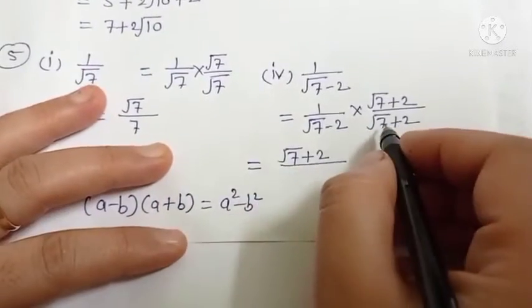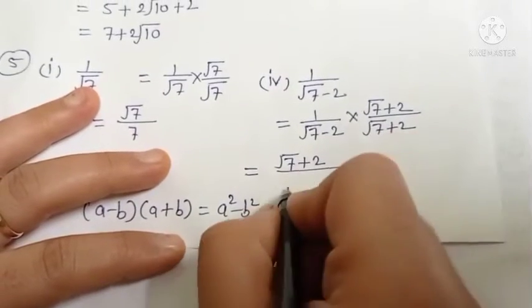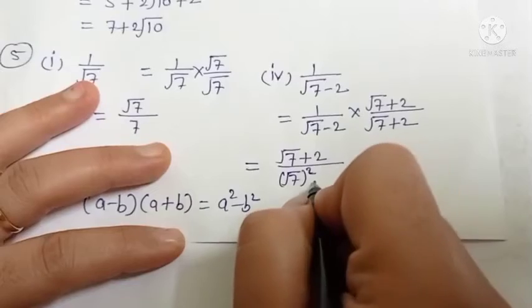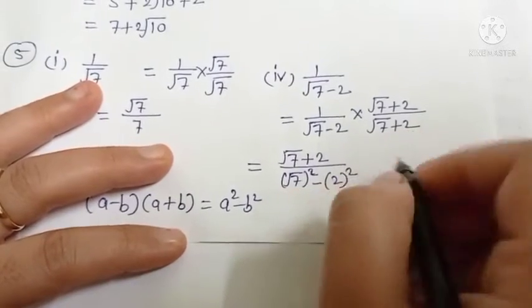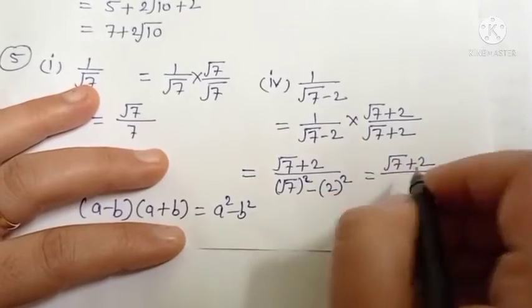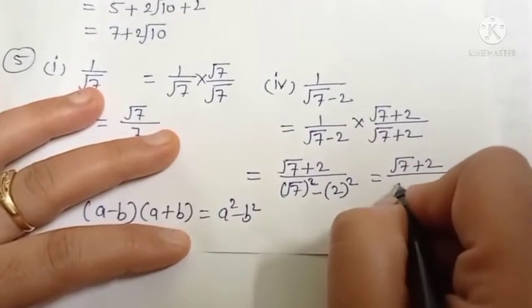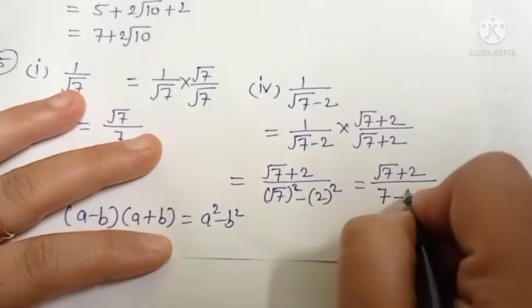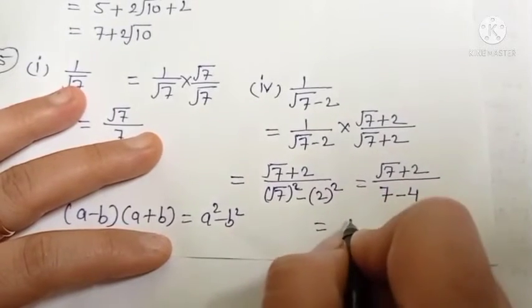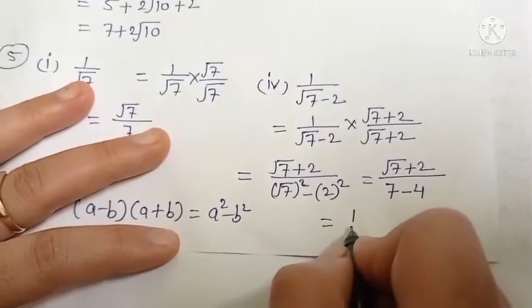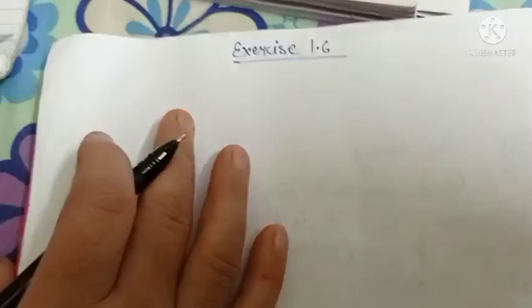Here a is under root 7, so under root 7 square, minus b square, where b is 2. Then under root 7 plus 2 upon under root 7 square, which is 7, minus 2 square, which is 4, and 7 minus 4 is 3. So the answer is under root 7 plus 2 upon 3.